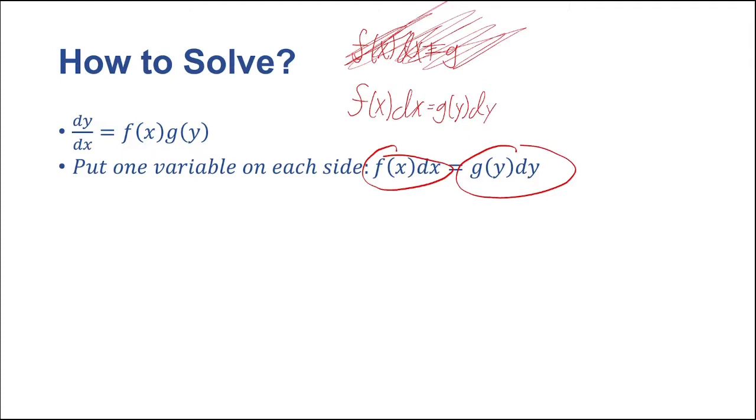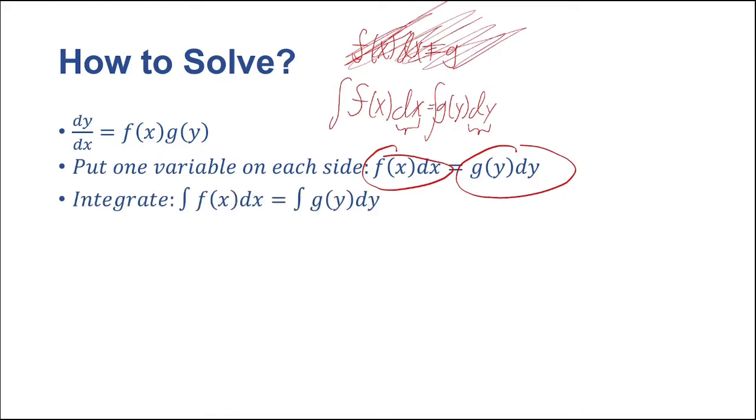Now we have these differentials here on their own, which is kind of weird. We don't usually see that, but this is, again, a differential equation. So we're dealing with these little differentials. But what does this look like? It looks like it'd be really nice if we were to put an integral sign there. And if we put an integral sign there, that also takes away the dx and the dy once we integrate our functions.